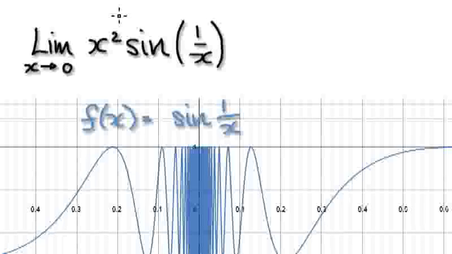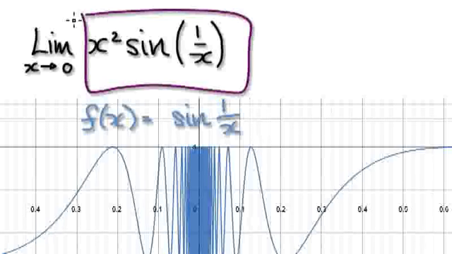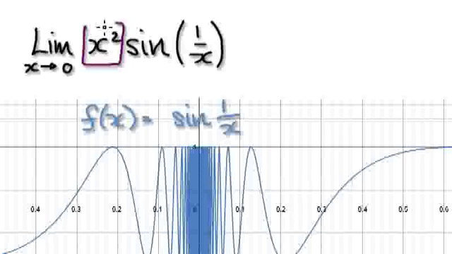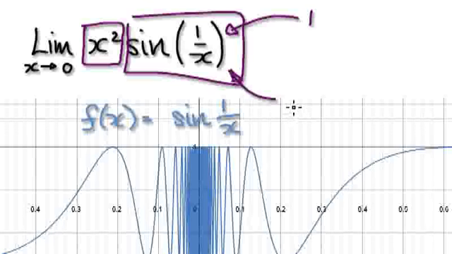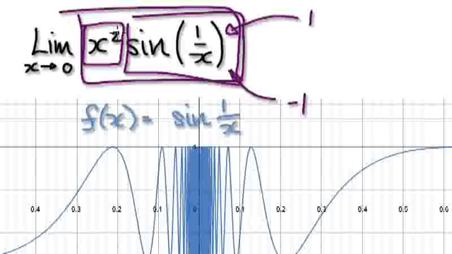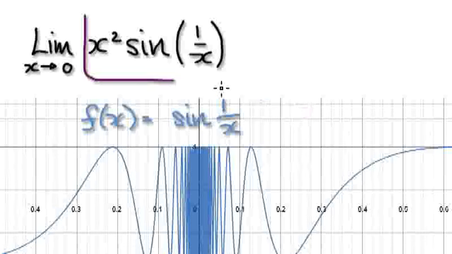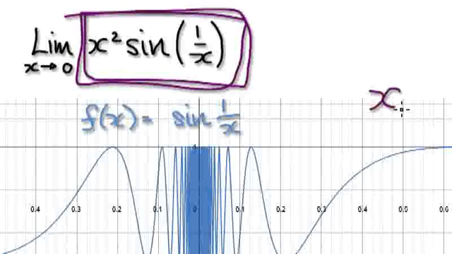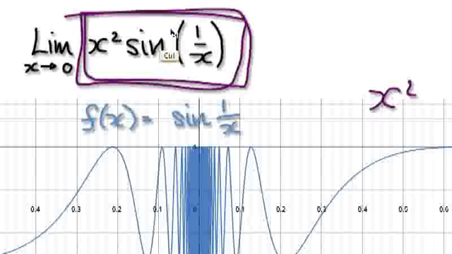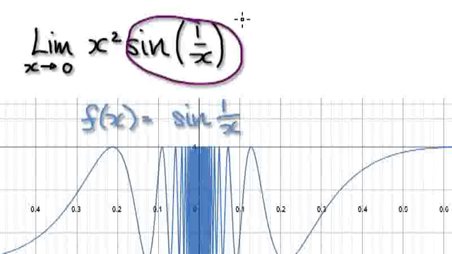Now, we are trying to work out the limit of this here. At the moment, you've got this block multiplying with this block here. Looking at this block here, the highest value that this could be is 1, and the lowest value that this could be is negative 1. So let's look at this collectively. The highest value that this whole block here could be is x squared, because the highest value that this block could be is 1.